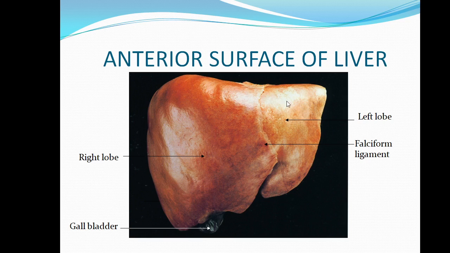The whole of the liver is covered with peritoneum except for the bare areas, which we'll discuss later. And this is the notch for the passage of the ligamentum teres, and this separates the right and the left lobe anatomically.